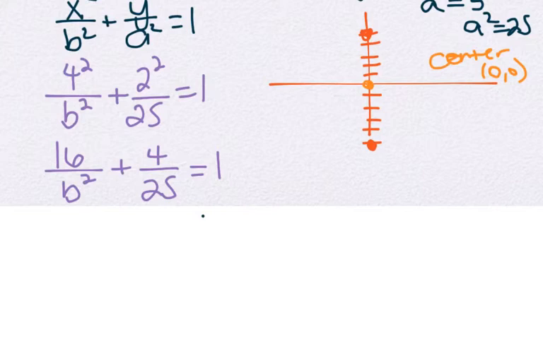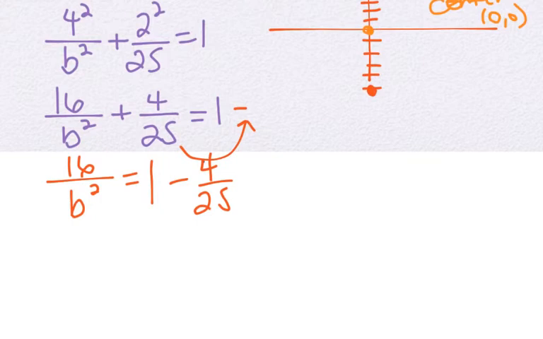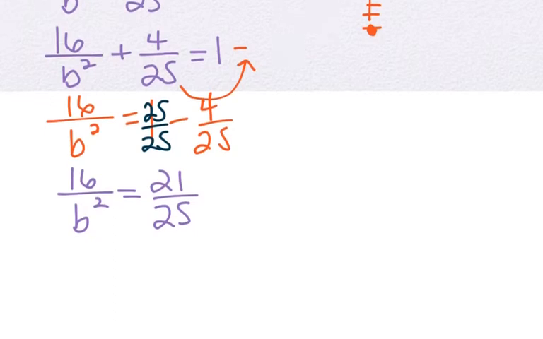I want to eventually get that b squared on the side by itself, so I'm going to move the 4 over. So I'd get 1 minus 4 over 25. 1 becomes 25 over 25. 16 over b squared equals 21 over 25.